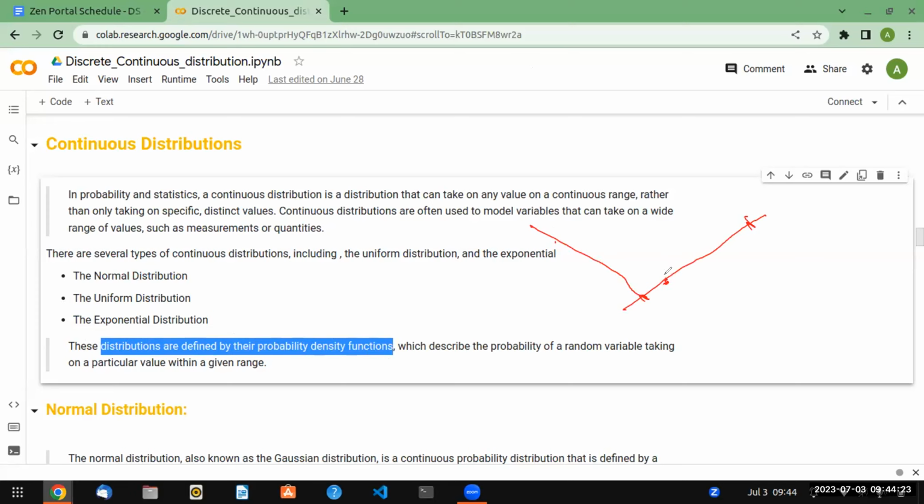So if some person has this weight, suppose 50 kg, what is the probability that the person is 50 kg? It's not like the number of people. Usually, if you have 1,000 people's data, you will calculate how many people are falling under 50 kg. Guys, let me make one thing clear here.